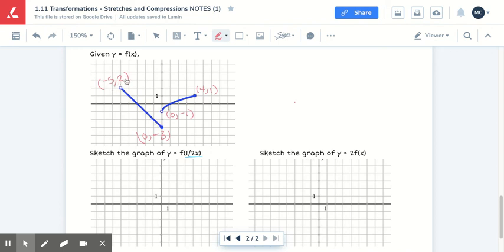So for this first one, the x value is -5. So if I multiply that by 2, that would be -10. And the y value stays the same. So my new point would be at -10, 2. So let's see, 1, 2, 3, 4, 5, 6, 7, 8, 9, 10. I'm going to have to estimate because it fell off the graph. And it was supposed to be an open circle.